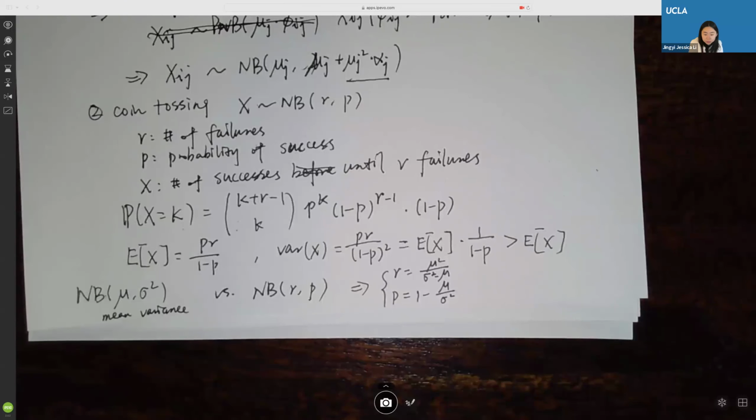Okay, so any questions so far regarding negative binomial? I want to talk about this because when I talked about the differential expression analysis, I said DESeq and edgeR both use negative binomial as the assumption. And there's a question.